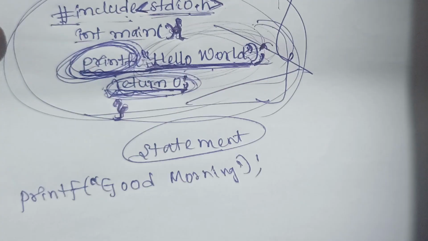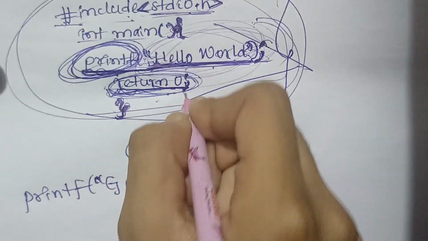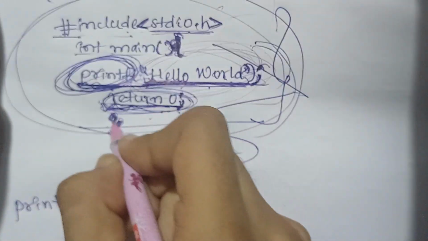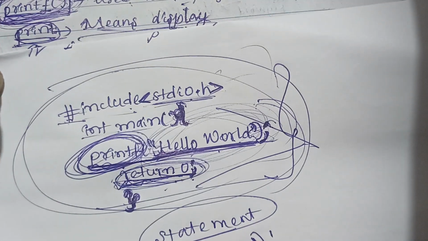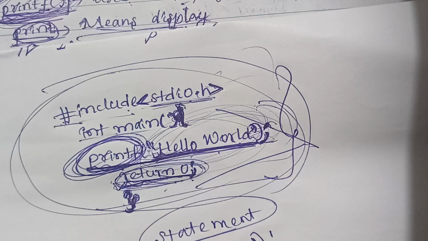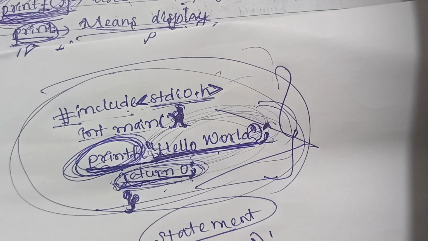Your program will end at this point, and then you have started your curly brace, right? You have to end it here. Okay, this is all about the syntax of a C program.